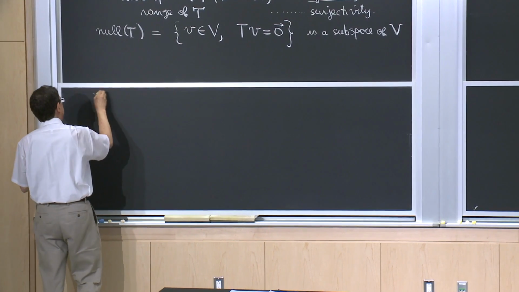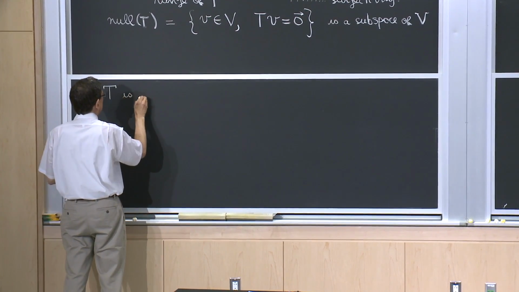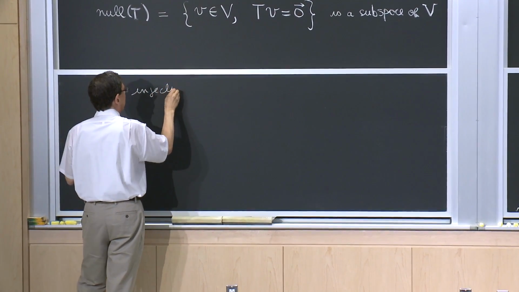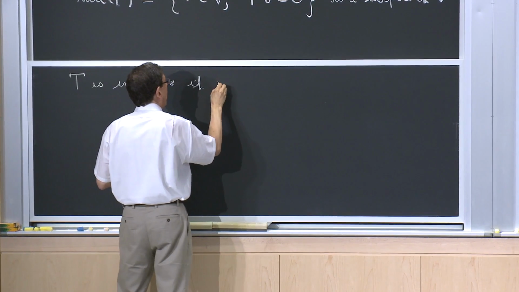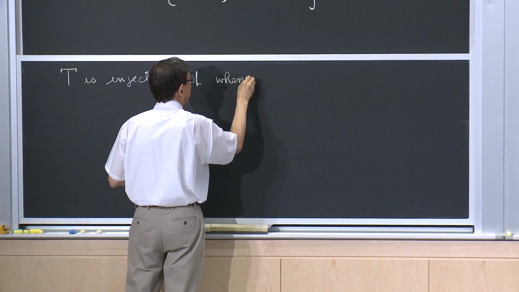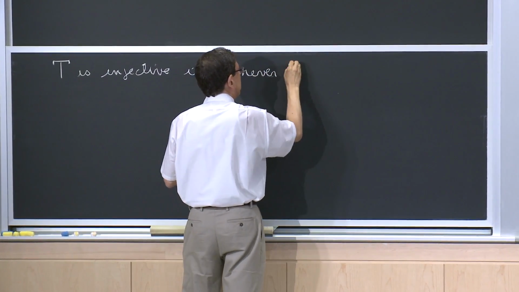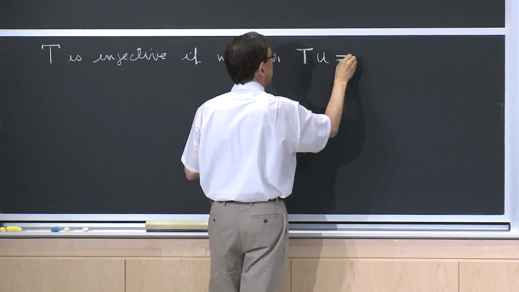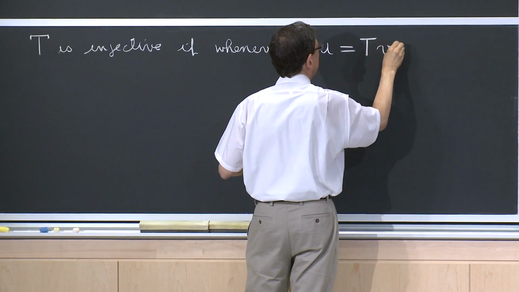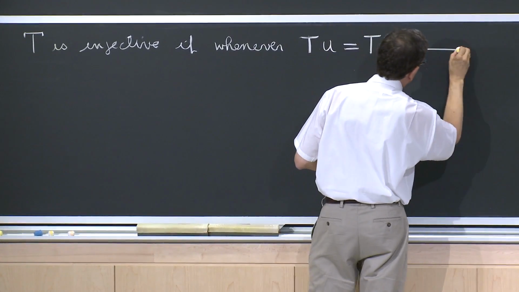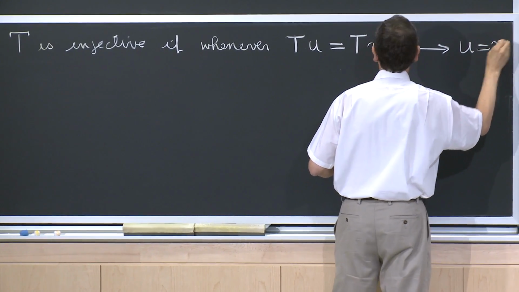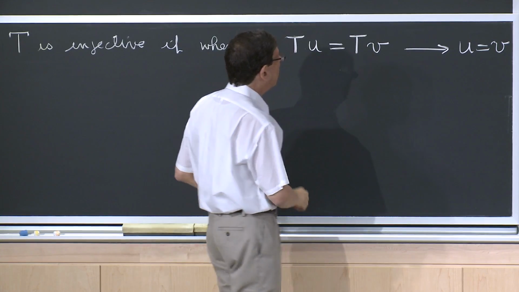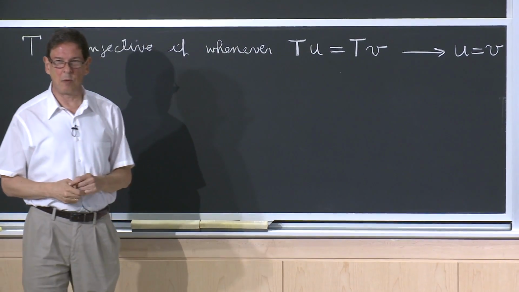T, the operator, is injective if the following is true: whenever T of U is equal to T of V, we have that U is equal to V. So T of U equal to T of V implies that U is equal to V.